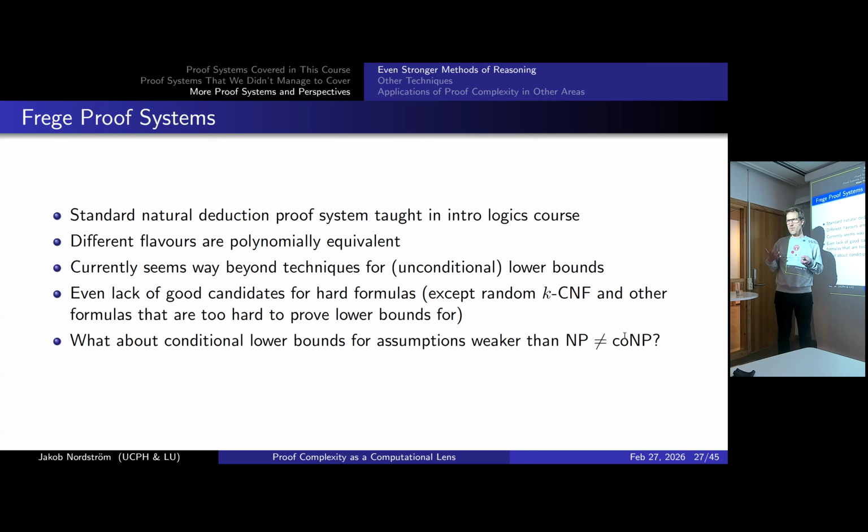So I think it's believable that pseudo-random generator formulas should be hard for Frege, maybe. But we cannot even prove such lower bounds currently in the way we would like for polynomial calculus. So, Frege might be some way out.